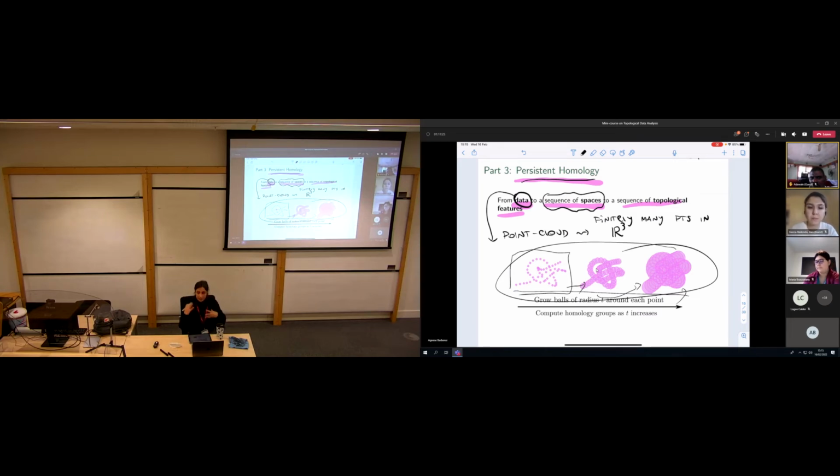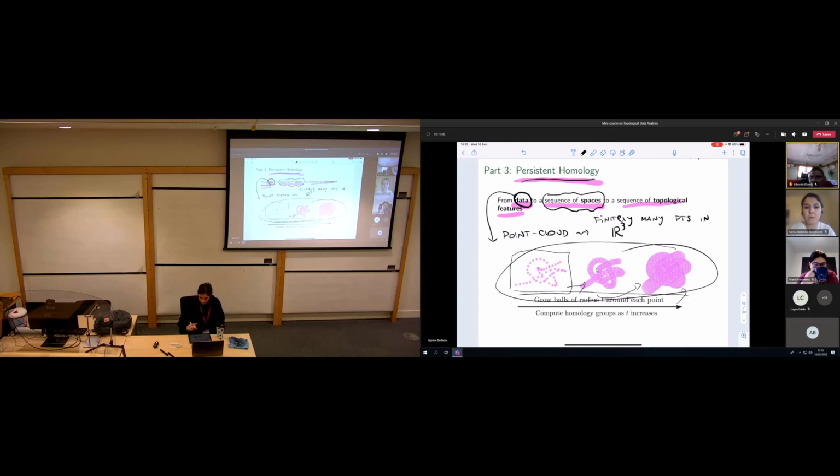There are other better approximations of this growing ball thing, but the filtration I'm using is the best from the computational point of view, and it's the one implemented by most of the software, and the one implemented by the software I'm going to present to you in our third lecture.